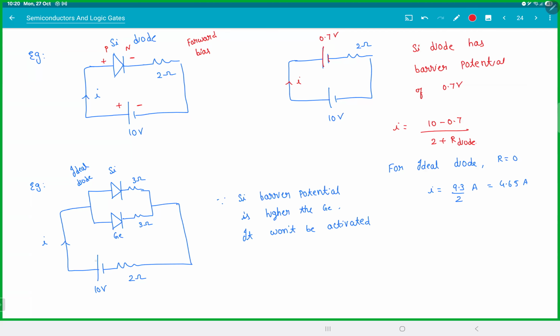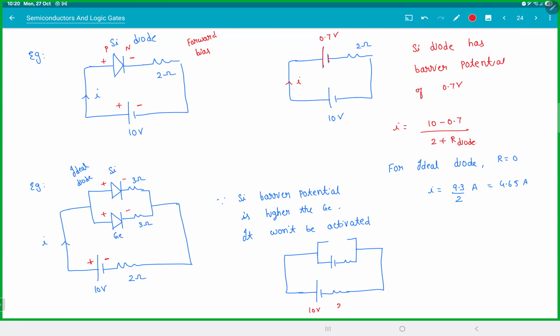So first you need to check plus, minus, plus, minus, plus, minus. Yeah, both are in forward bias. Your circuit will look like this. This guy will not even work.